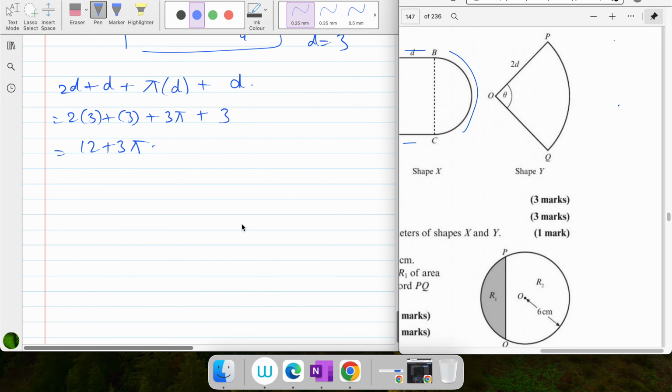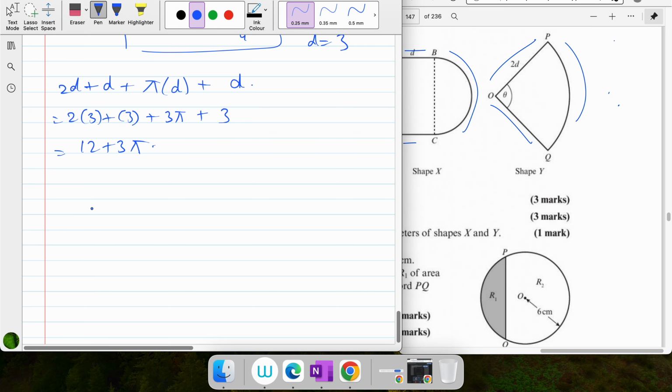Shape Y consists of 3 sides to be added: 2d, 2d and the arc. So for shape Y, this is 2d plus 2d plus s equals r theta for arc length, where r is 2d and theta is what we found in the second last part.